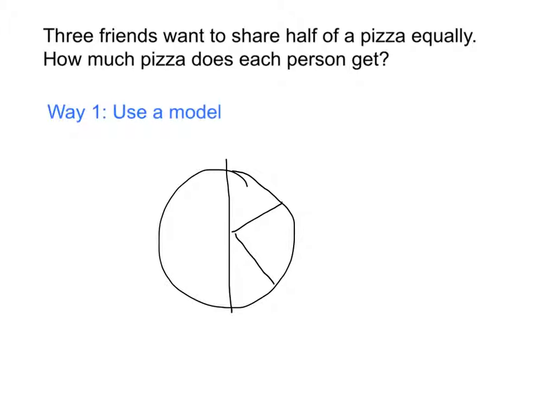They get 1/3 of this half, but compared to the whole pizza, how much do they get? 1/6, right? We can see that each of these parts, if I were to draw it on both sides, divides it into 6 equal parts. So each friend would get 1/6 of the pizza.